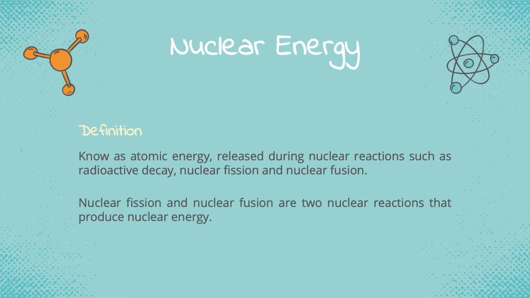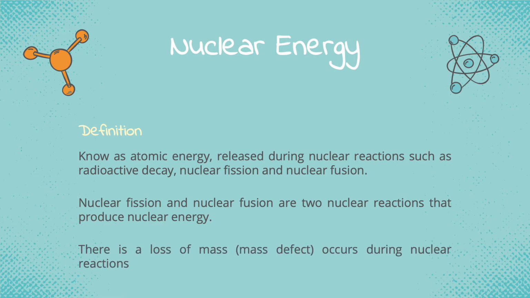We want to focus on nuclear fission and nuclear fusion after this. Besides, there is a loss of mass known as mass defect that occurs during nuclear reactions. Do you know why? I will explain to you after this. Physics is fun, right?